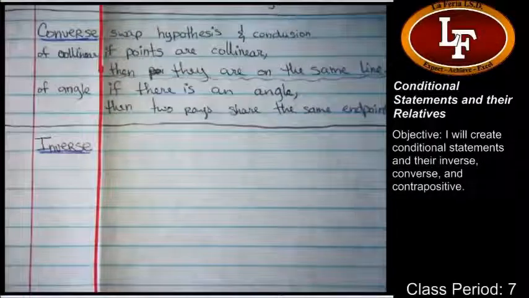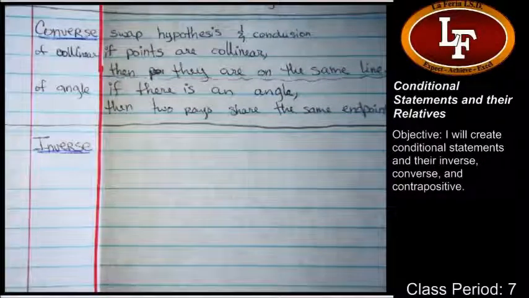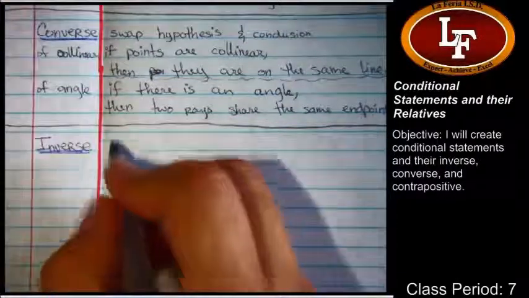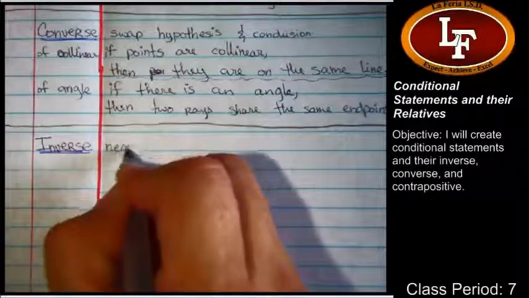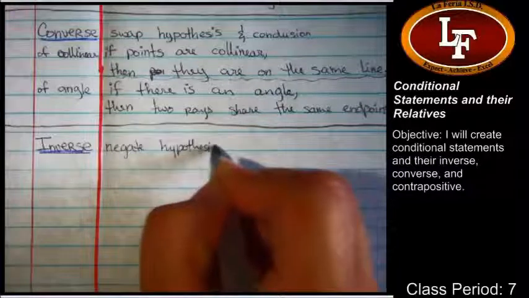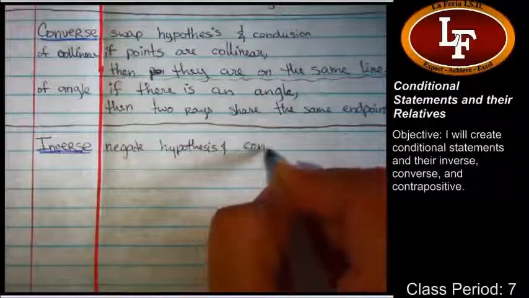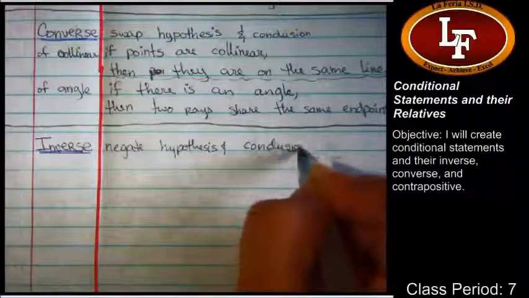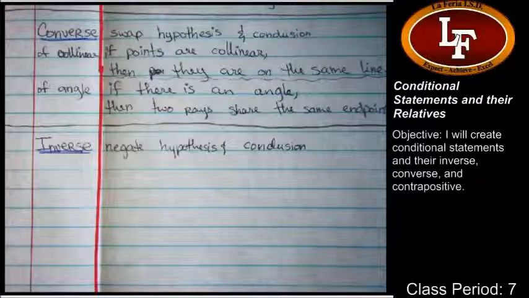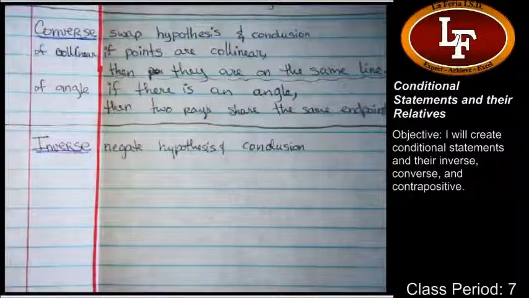Let's do the next relationship. The next relationship is called the inverse. The inverse negates the hypothesis and the conclusion. How did you know? Nice. Yeah, you looked above, right? It's got a pattern. What does negate mean?